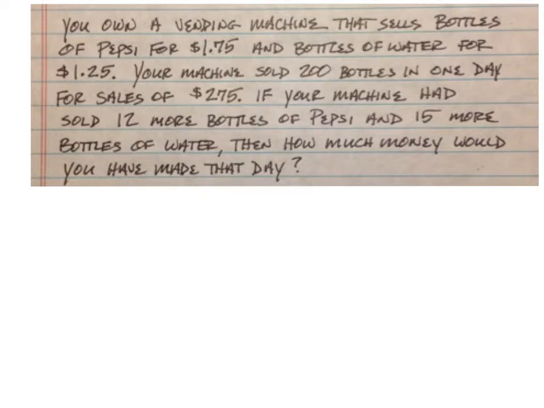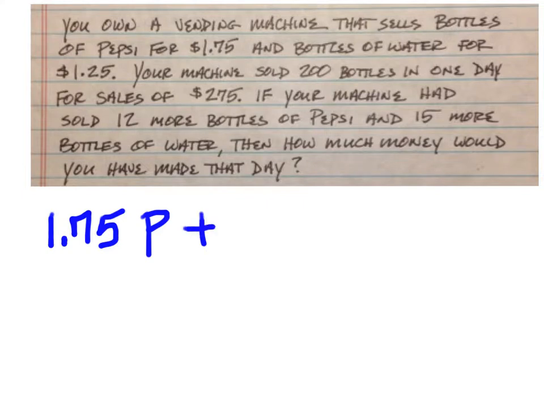The vending machine sells bottles of Pepsi for $1.75 and water for $1.25. So we know that Pepsi is $1.75. So $1.75 times the number of Pepsi bottles sold will give me how much I would have made off of Pepsi.